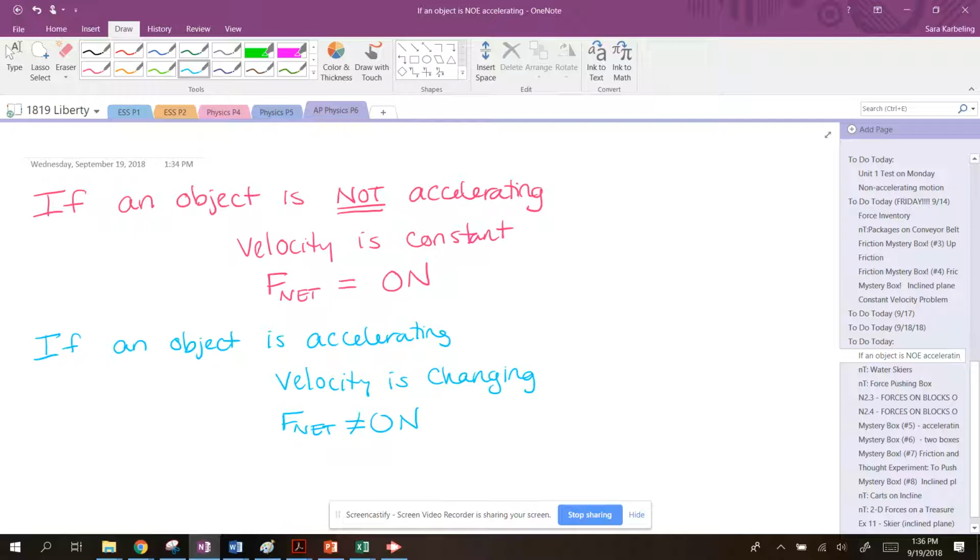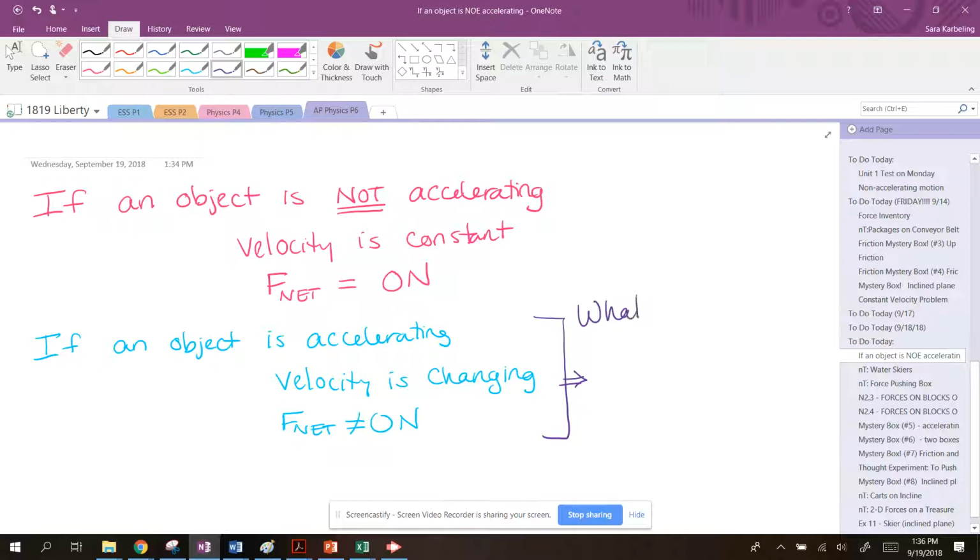Fnet and A are very much related. Often when students learn this stuff, they think about Fnet as the thing that we really care about. But that's not how I see it. After having taught it for a long time, the way I want you to think about it is to think about the acceleration.